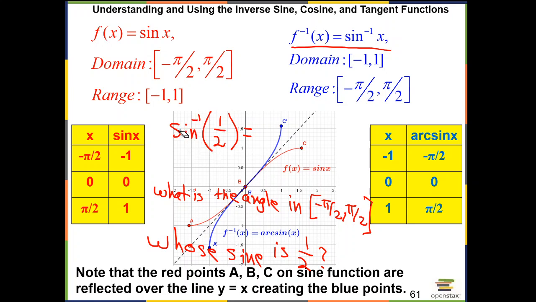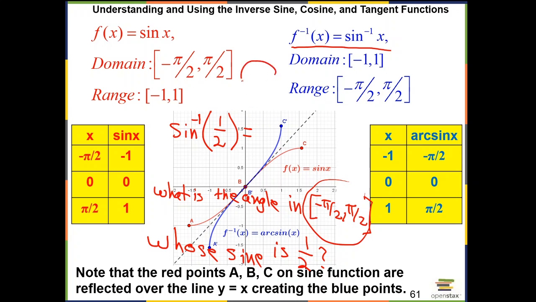Whenever you see a structure of sine inverse, think of it as an angle. The answer to this is an angle. What type of angle? Only in this region, right here, whose sine is 1/2.